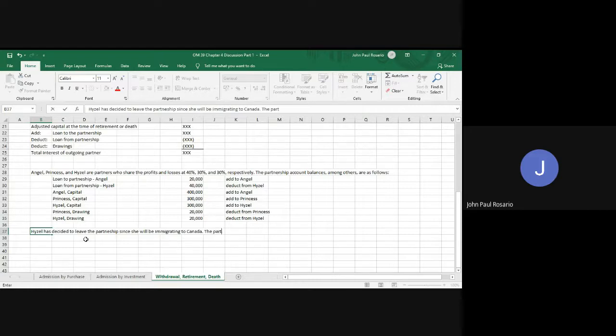The partners agreed to recognize the following revaluation of assets and liabilities at the time of her retirement.